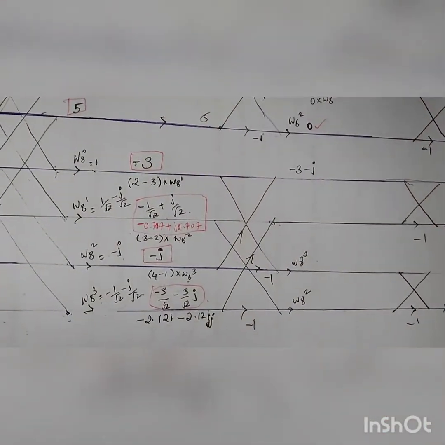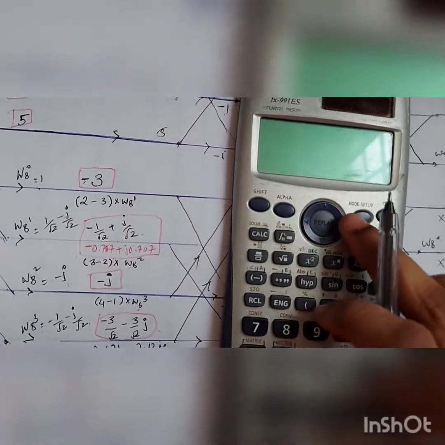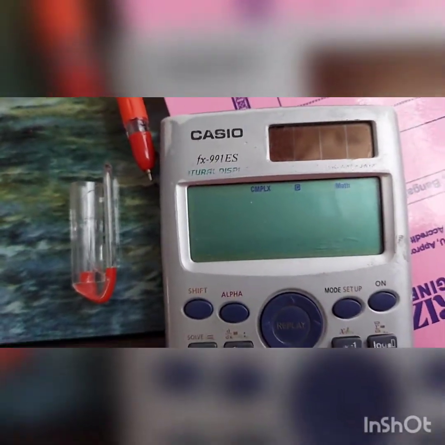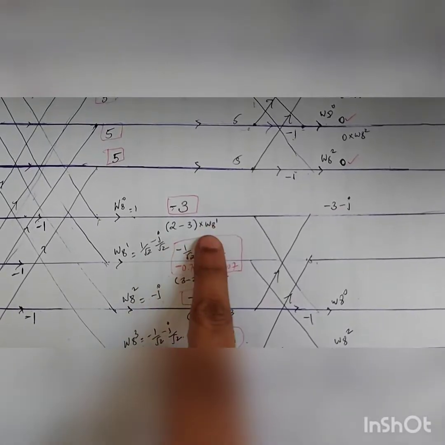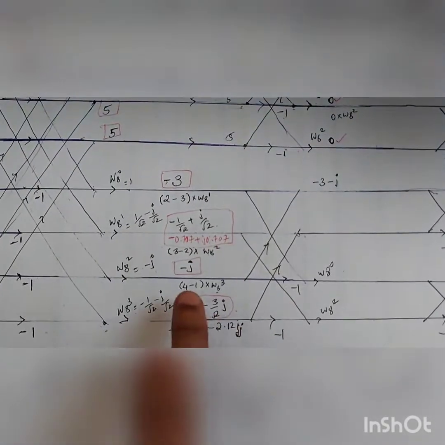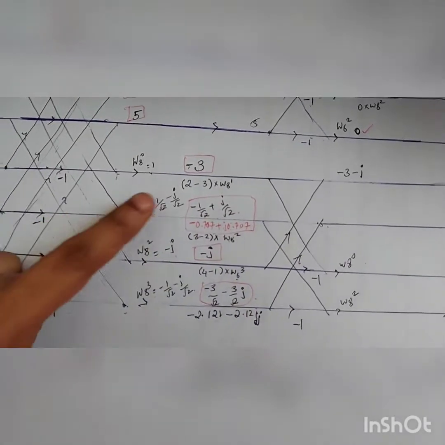You can add it. So let us do the calculation for that. At this point, minus 1 by root 2 plus j by root 2 plus minus 3 by root 2 minus 3 by root 2 j. You can actually add it directly.